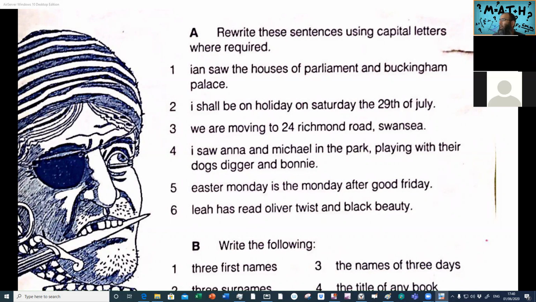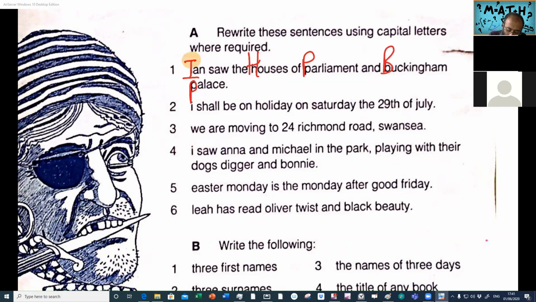Which page are we on? Here we are. So I'm going to change this one: the Houses of Parliament and Buckingham Palace.